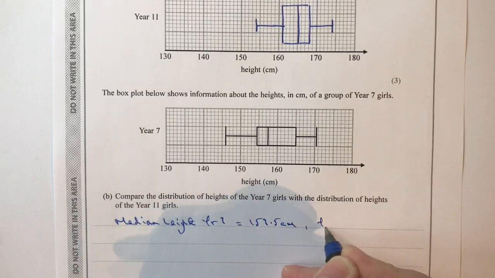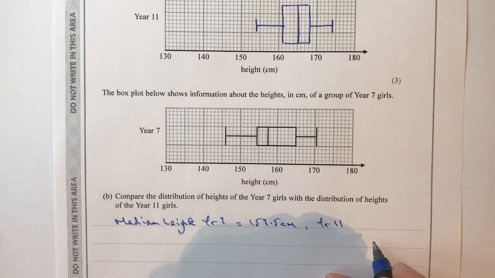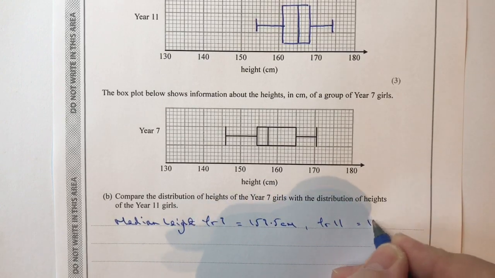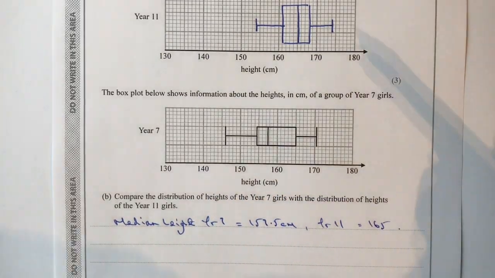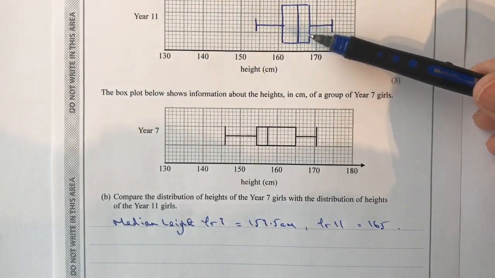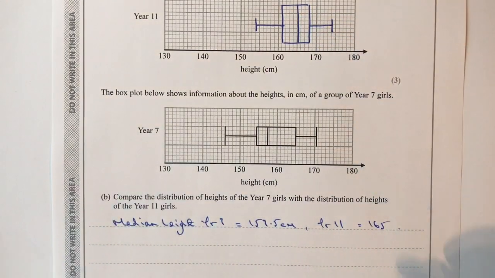And then year 11 girls is going to be equal to 165, as we've just drawn. It's fairly appropriate, they're taller because it's year 11. Although I didn't really mean it like that. So that's my first comment.